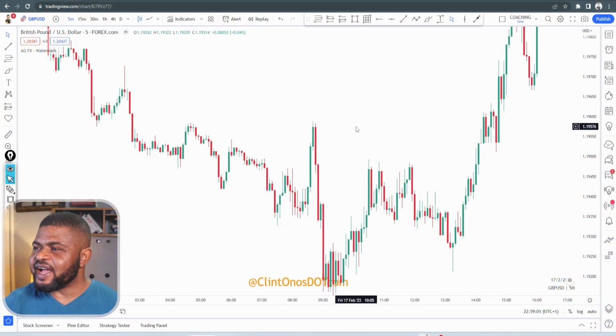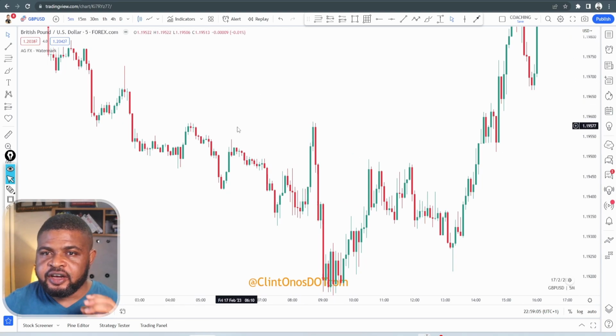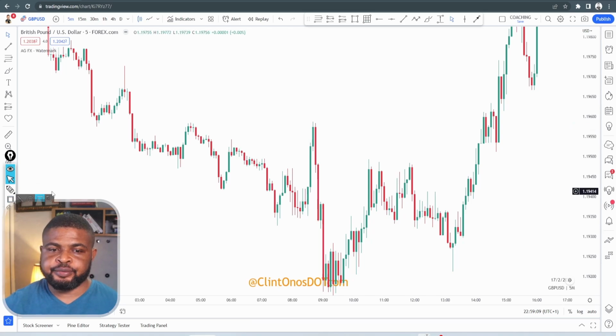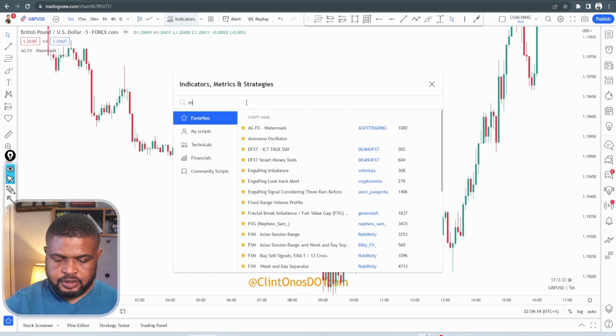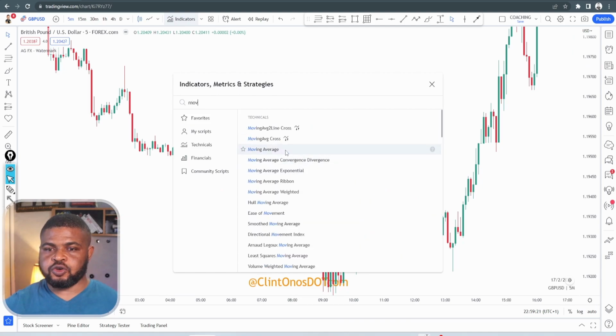All right, so guys, let's apply some of this concept on the chart. Right here on TradingView, head over to the indicators section. Once you click on it, you type moving average, it comes up, and you choose this one, moving average, not moving average exponential, just moving average.